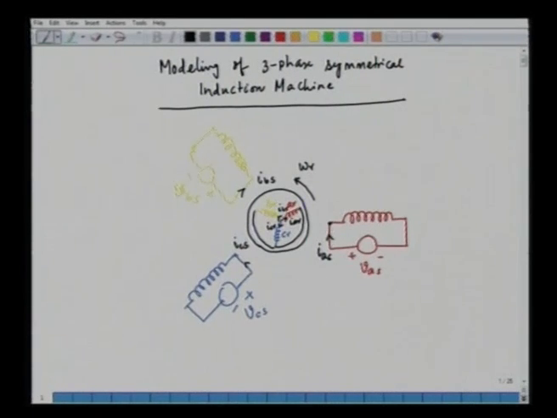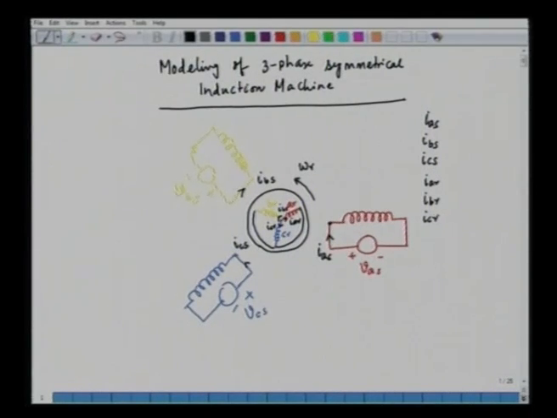And here we can simulate the machine in the actual variables. So we have IAS, IBS and ICS for the stator, and similarly we have IAR, IBR and ICR for the rotor. So we have 3 currents for the stator and 3 currents for the rotor.